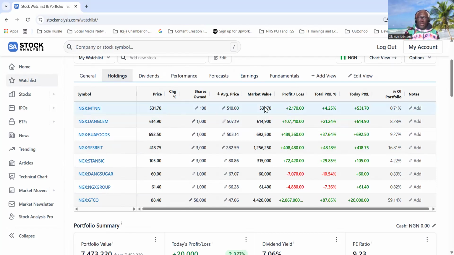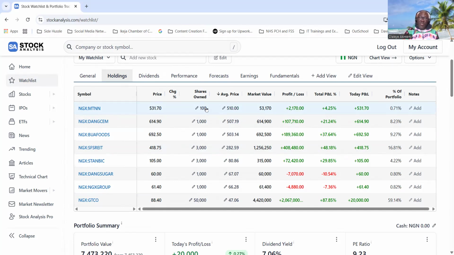Now it is telling me that the market value of my stocks, 100 units, is 53,179, and it's showing me the total profit and loss in percentage. So it will recalculate the information for you.